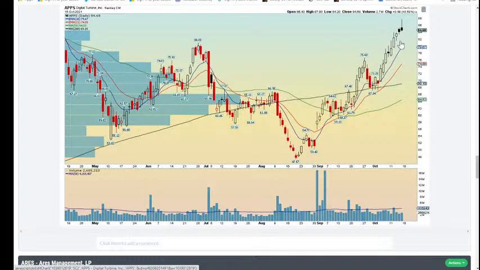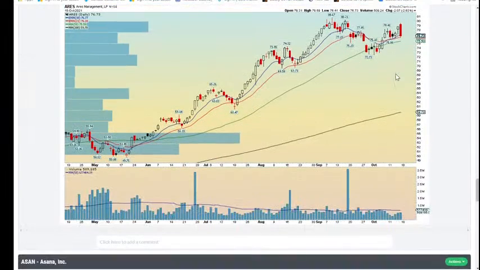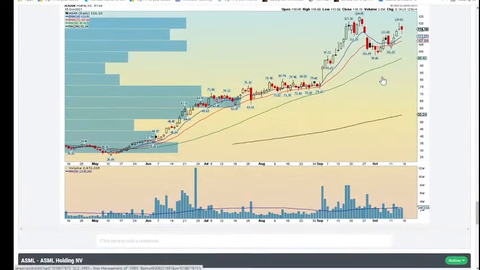So I'd be looking for consolidation and pullbacks at least to the 10-day. As we get farther extended from the 10-day, my confidence becomes a little bit less about how much further this can push. And you'll see a lot of the growth stocks on Friday had this same look, this same candle that could not push higher with price. So that tells me probably some rest is what we're going to see.